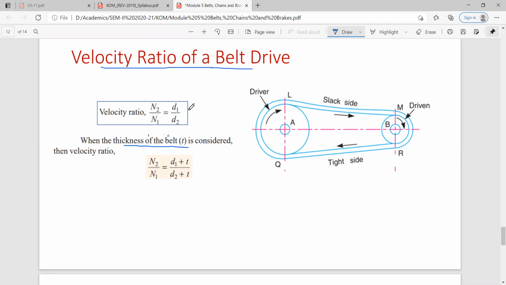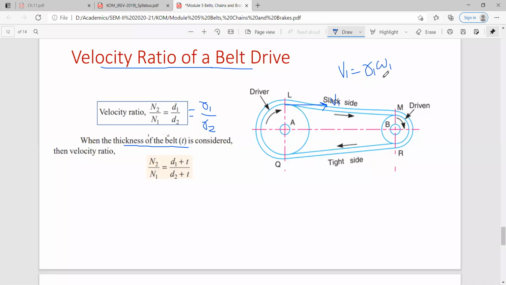Okay, this formula can also be written in terms of radii, r1 upon r2. When you take r1 and r2, you measure the velocity at the surface of the pulley. यहाँ पे आप velocity measure करते हो, that is say v1, and you know that v1 is nothing but r1 into omega 1. r1 is the radius of the driving pulley.